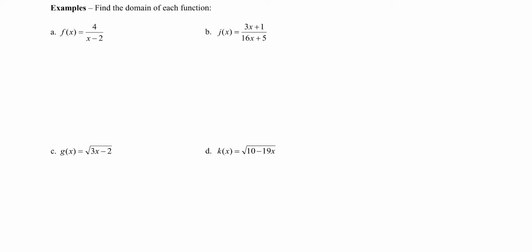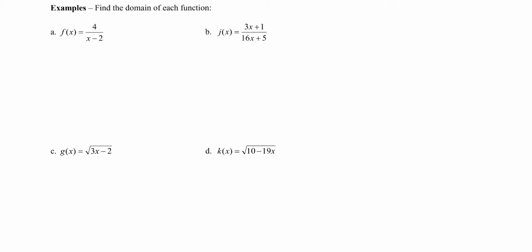So we have to look for the numbers that will make x or the variables equal to 0. That would make our function undefined. And then also if you have a radical, we can't have a negative underneath an even-powered radical. So we have to look for those values as well. And that would make our domain undefined or our function undefined.